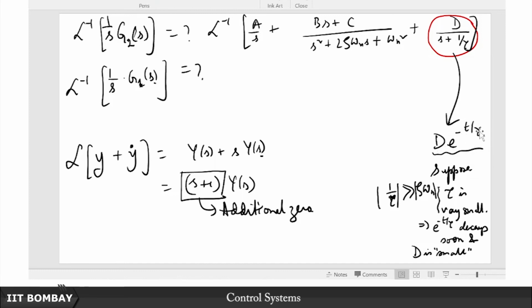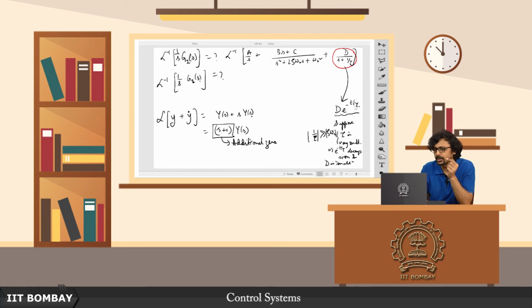The moment you don't have that 5 sigma condition, this will no longer be true. In other words, if 1 by tau is not large enough, then this e to the minus t by tau will not decay soon enough for your liking. In that case, what hope can you have?